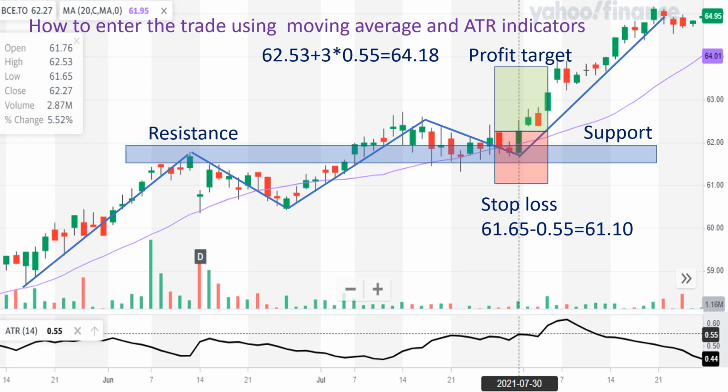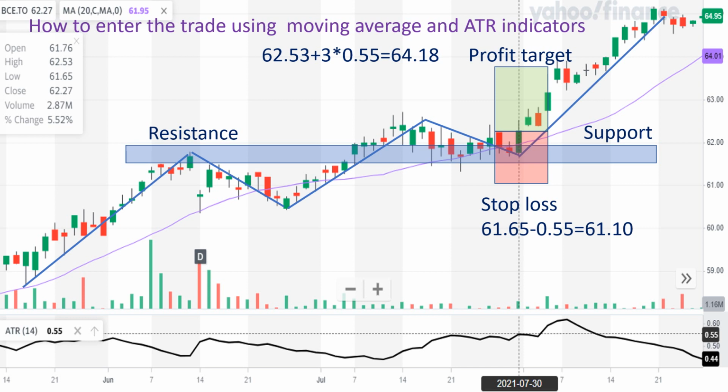So this is basically how you can enter the trade using moving average and ATR indicator in a trend continuation pattern. You can also enter the trade the same way in a downtrend continuation pattern.